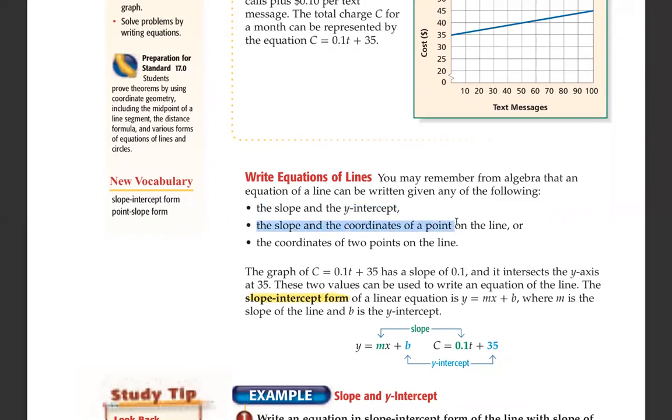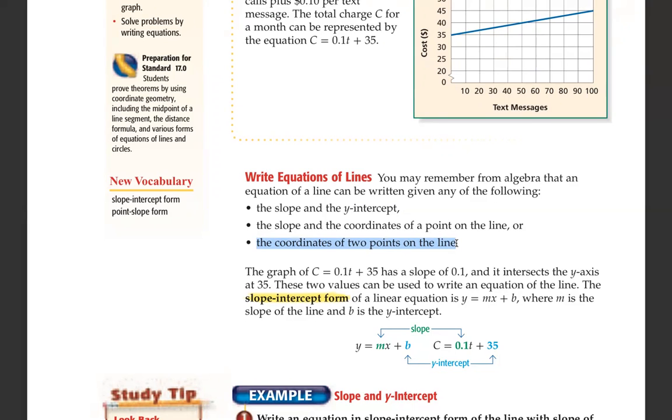Next, if the slope and the coordinates of a point on the line are given. So the slope is given and another point which is said to be on the line is also given, then those two data are enough for you to be able to write the equation of the line. And lastly, we can also write the equation of the line if you're given two ordered pairs, or the coordinates of 2 points on the line.